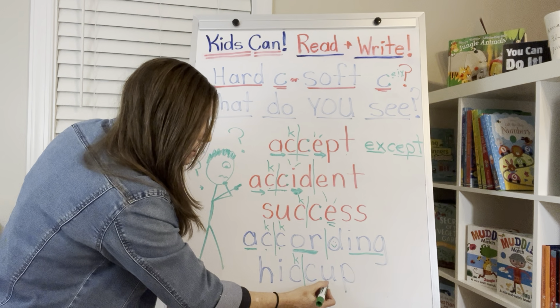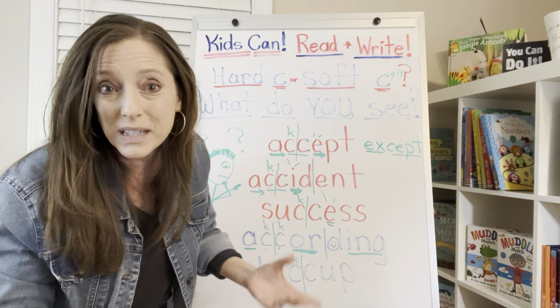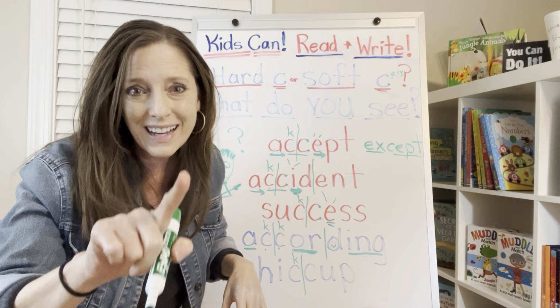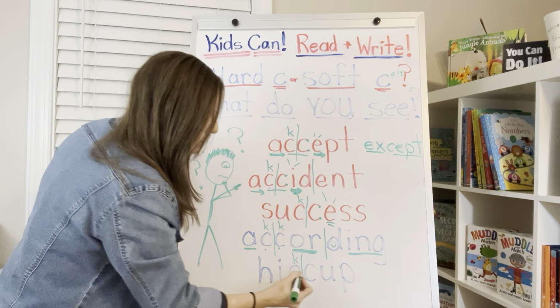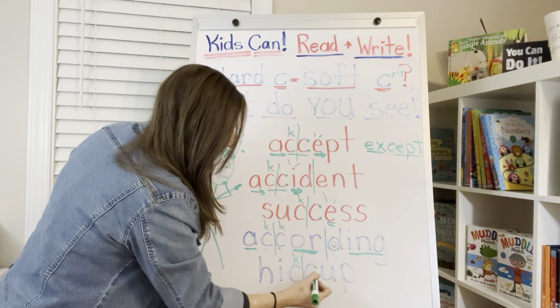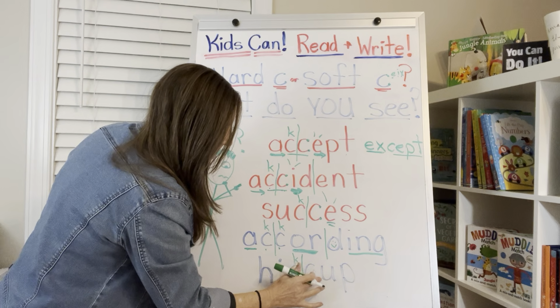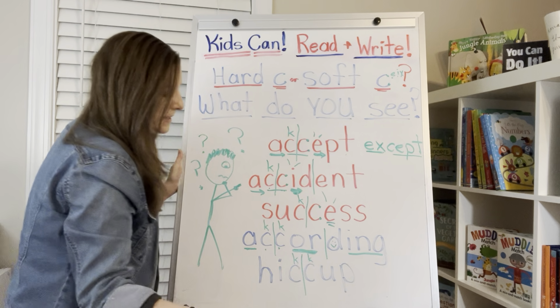Who's this C touching? A lot of people get confused. They say, oh, he's touching a vowel. It must be the S. No, no, no. Only if he touches the E, the I, or the Y. So, check it. If he's not touching an E, I, or Y, it's not going to be the snake arms. It's just going to be another K sound.